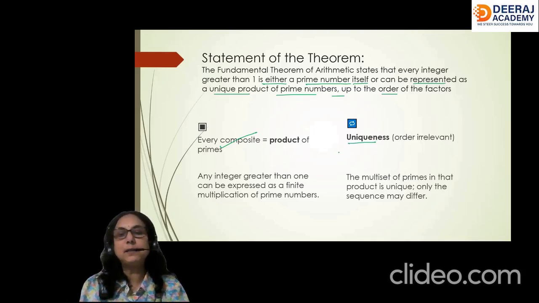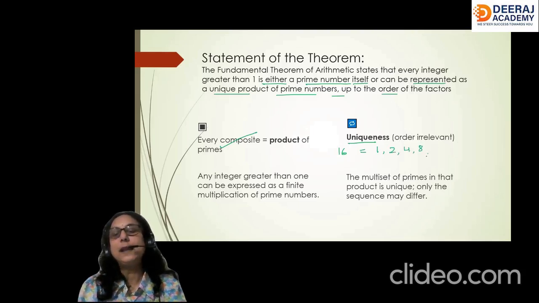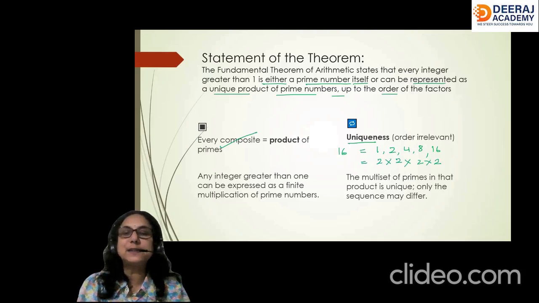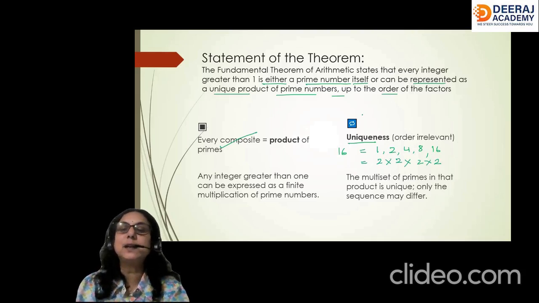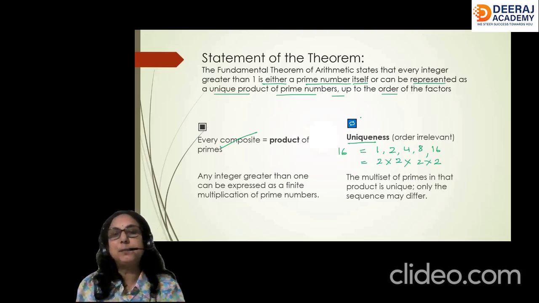Suppose I take 16. Its factors are 1, 2, 4, 8, 16. So these are unique to this number, or we can write it as a product of prime numbers. Their sequence can be changed, but the factors will be the same.